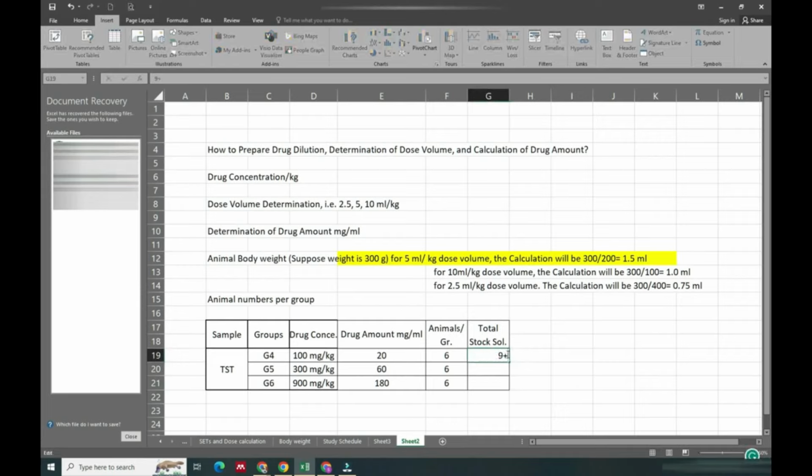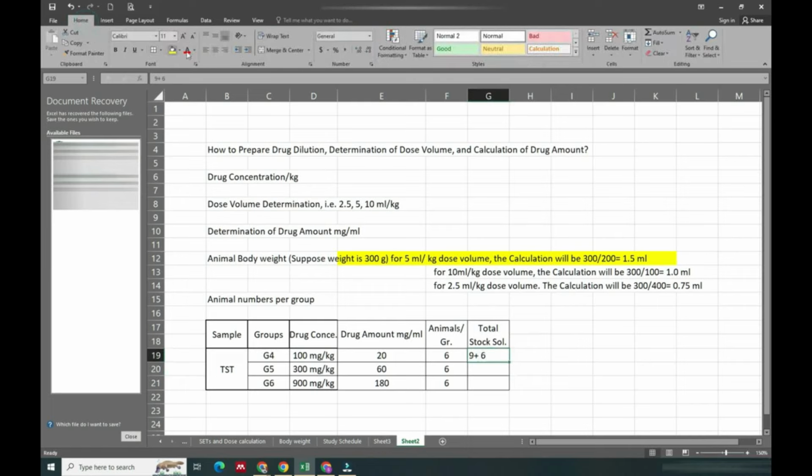Here the stock solution we have to prepare a little bit more, because the amount of drug that we are going to dose is 9, and we have to calculate more than that, because some drug amount will stick to the glassware and the equipment, like the injection syringe or the oral gavage.